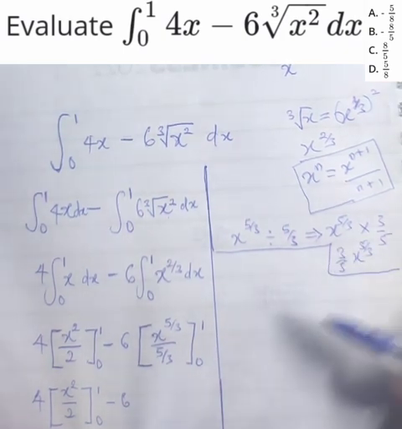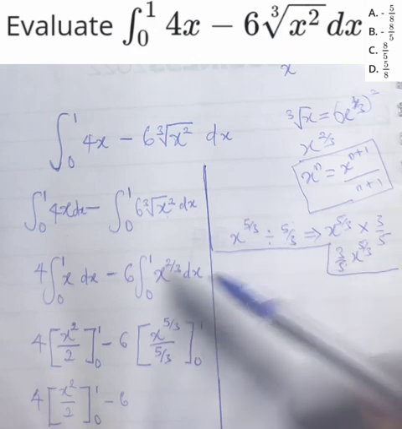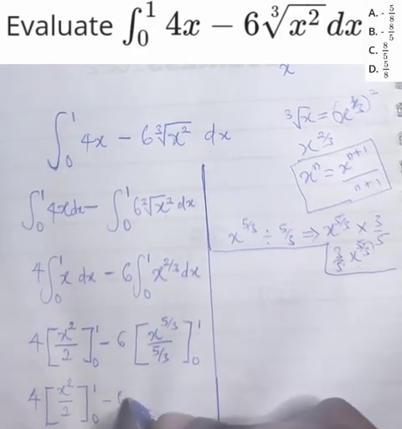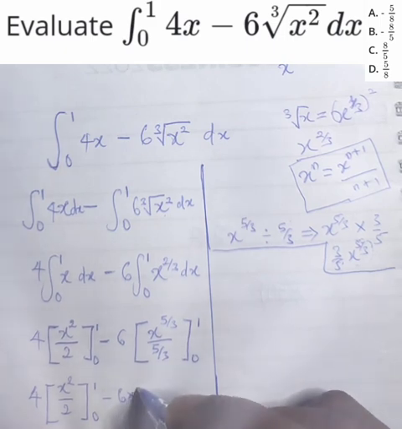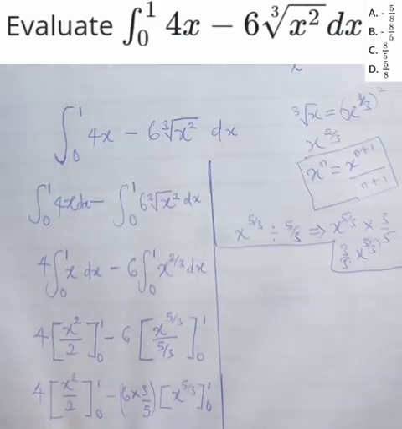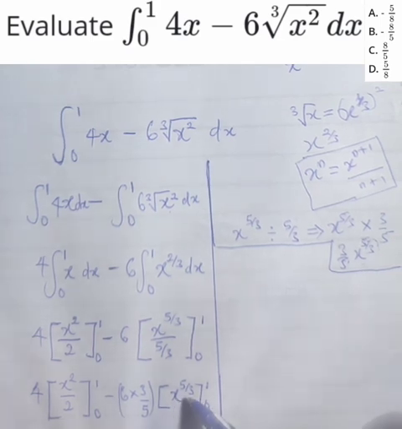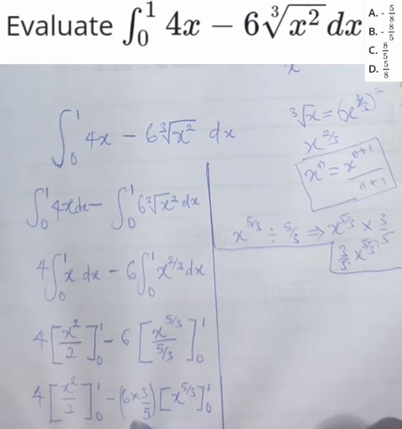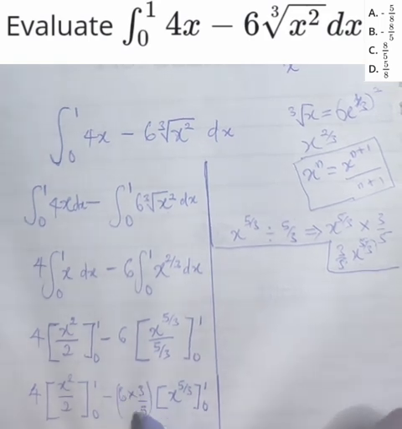So we have another constant from here. So I'm moving that outside too, while I leave x raised to the power 5 over 3 inside. So we have 6 multiplied by 3 over 5, so we are left with x raised to the power 5 over 3 with the boundary conditions. So 6 times 3 is 18, so this is the same thing as 18 over 5.